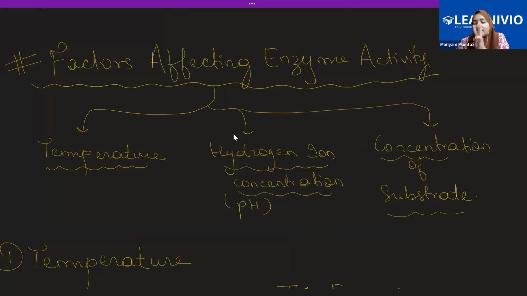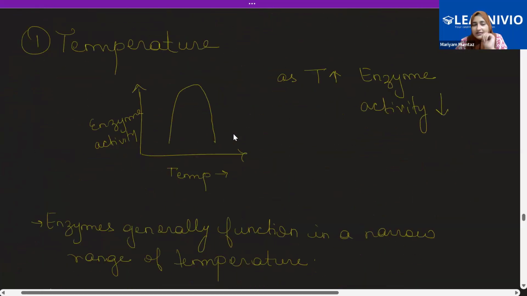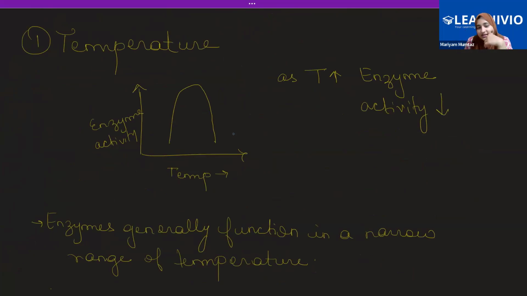There are three factors that affect the enzyme activity: temperature, pH, and substrate concentration. First is temperature. This graph shows that as the temperature is increasing on the x-axis, the enzyme activity increases only up to a certain point and then starts decreasing because the enzyme is getting denatured as the temperature increases.